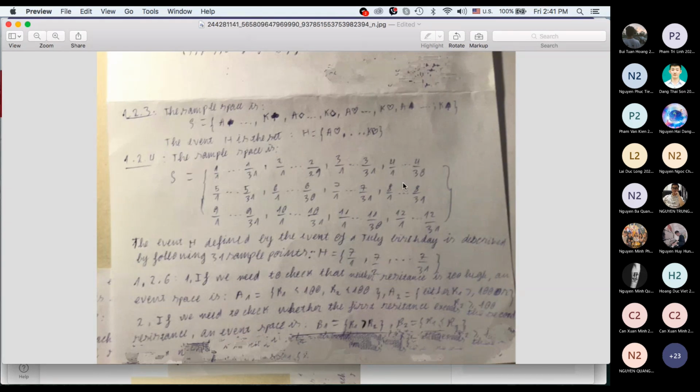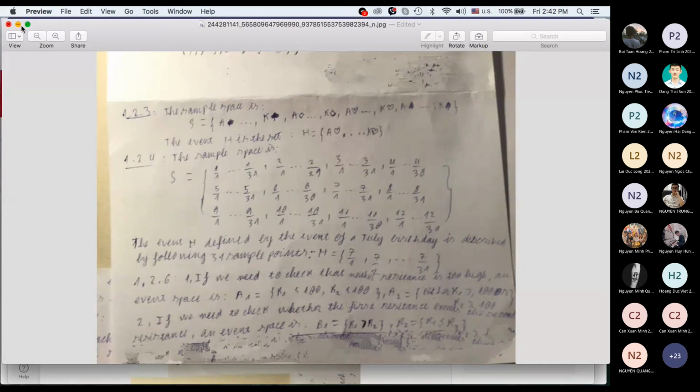So here's the sample space. The event of a July birthday is described by the following 31 sample points: 7,1, 7,2, 7,3 up to 7,31. July is the month and here's the date, from 1 to 31. Okay, true.